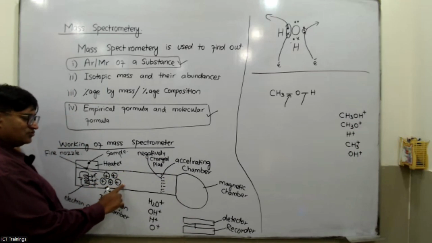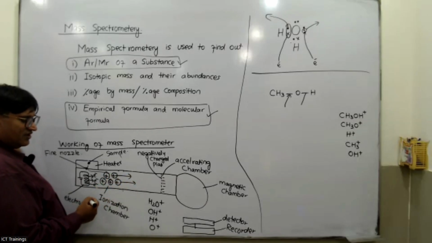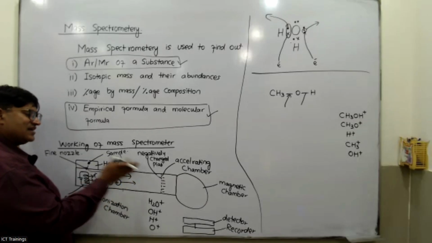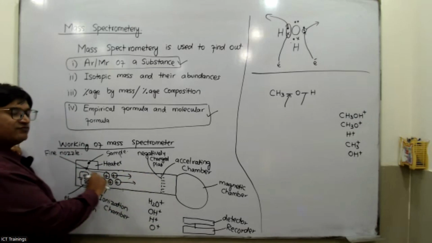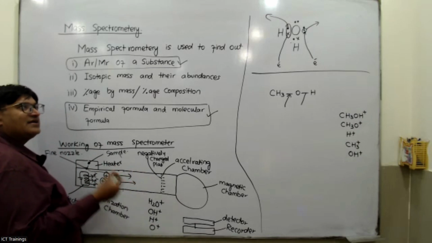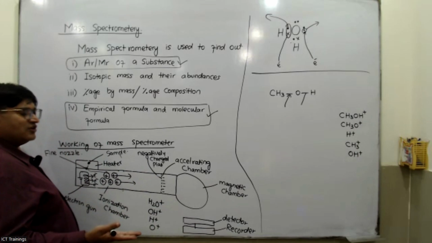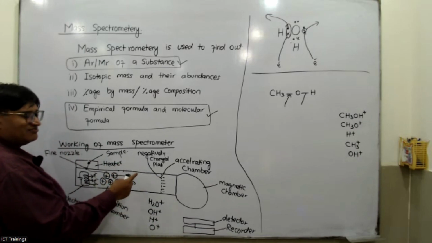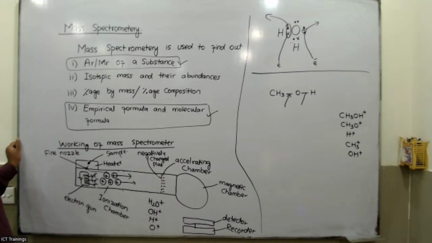This plate is going to attract these positive ions towards itself. Okay. So when these ions are attracted towards the negatively charged plate, their speed would increase. And you know that whenever there is an increase in speed or velocity, that is called acceleration. So this is called the accelerating change.